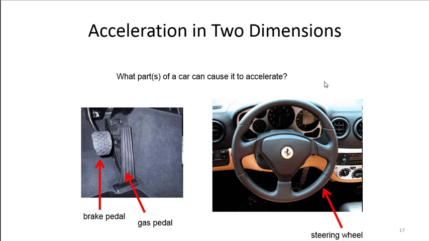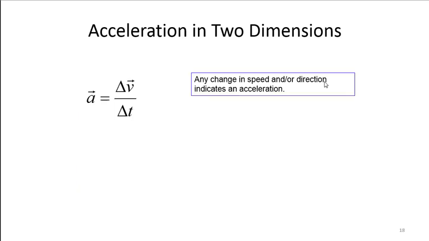Anytime the direction of the object changes, its velocity has changed, which means it has accelerated. Okay, so any change in speed means a change in velocity, or any change in direction means there's a change in the velocity. That means that any change in speed and or direction means there is an acceleration.